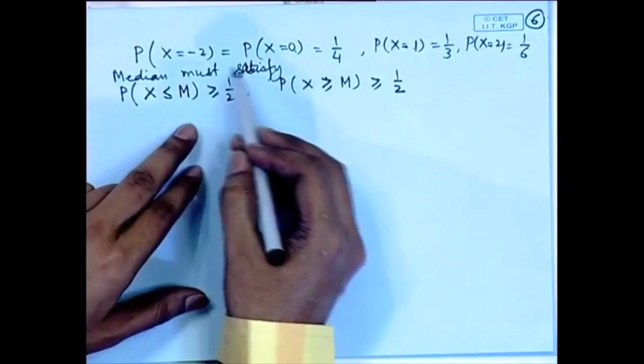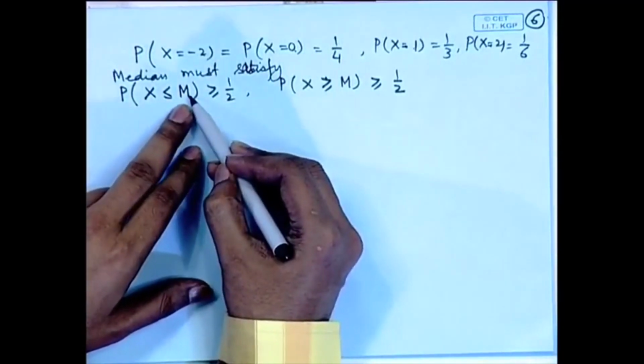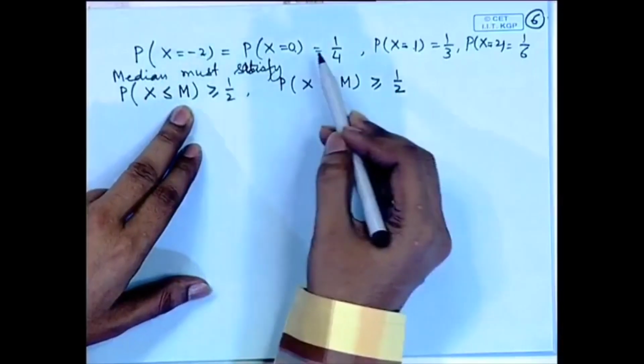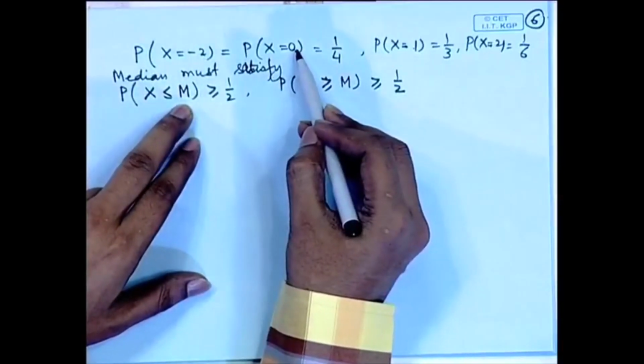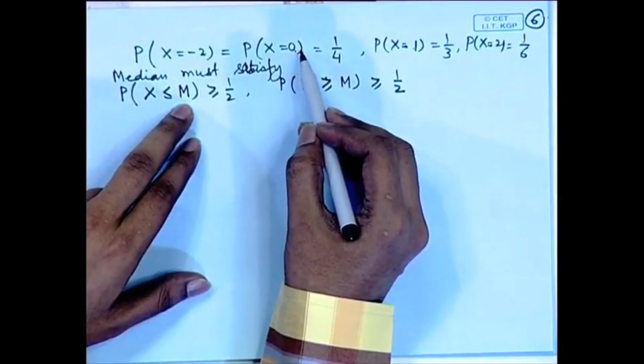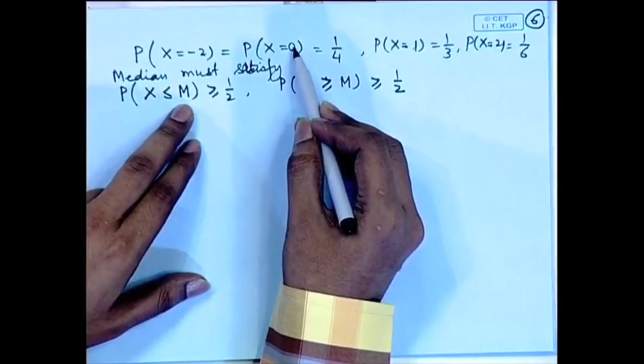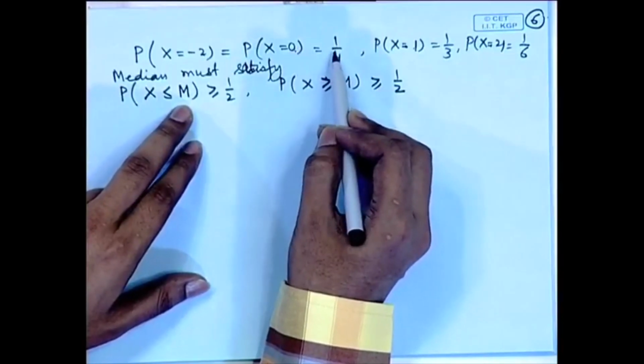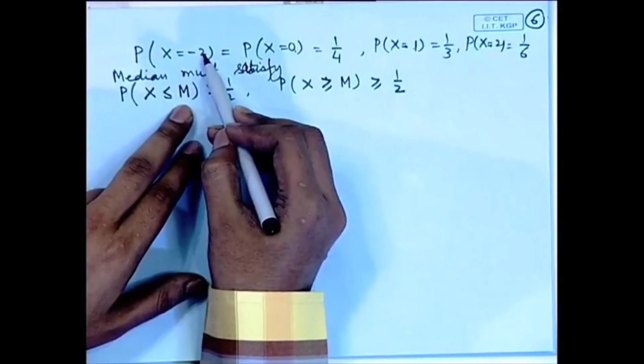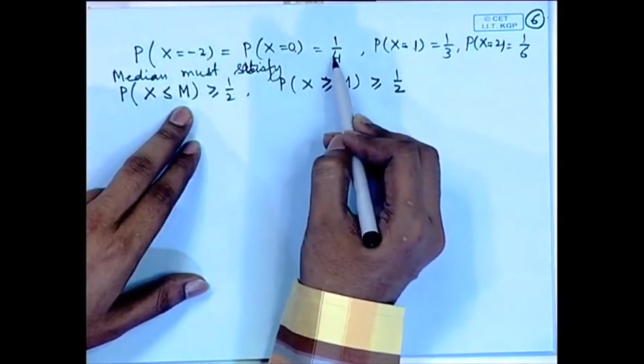So, you look at which points satisfy this condition. Now, here the probability of X being less than or equal to 0 is half, because probability X equal to -2 and probability X equal to 0 are both 1/4.